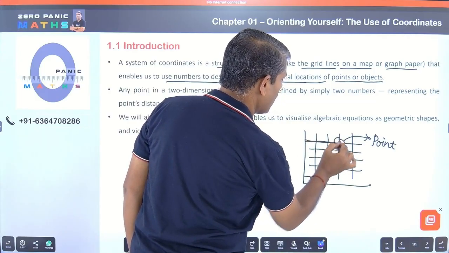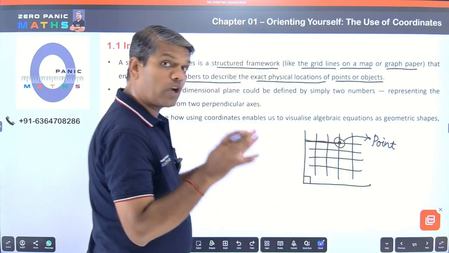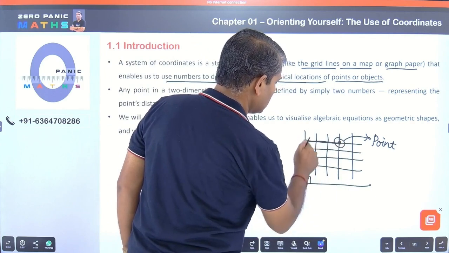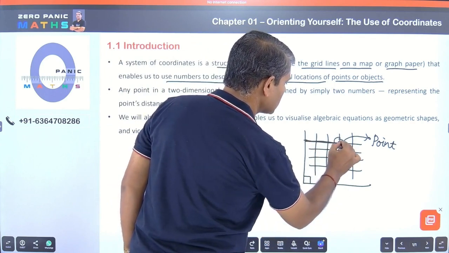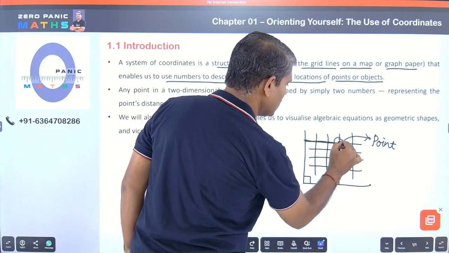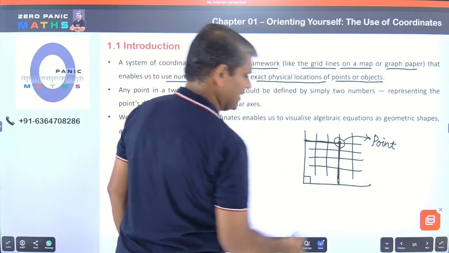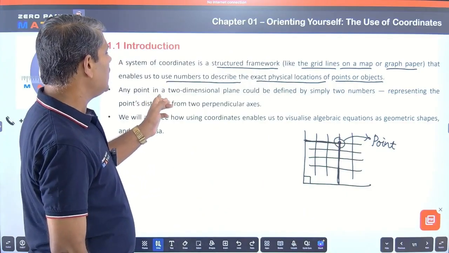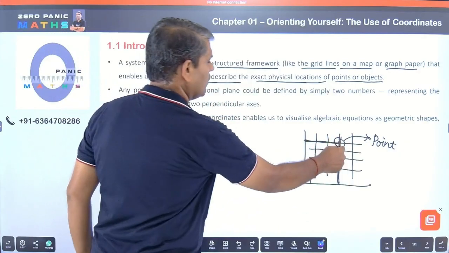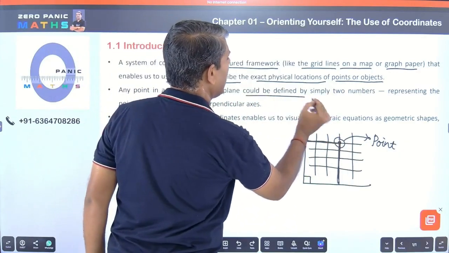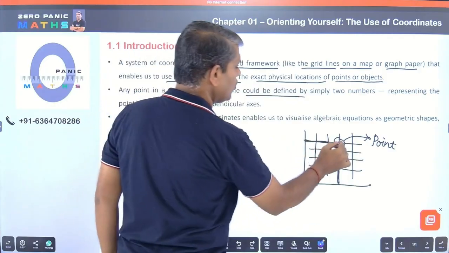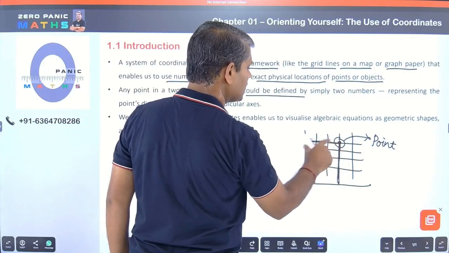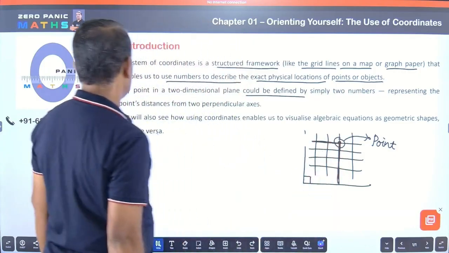Assume that this is the point and we want to locate it, then this is the perpendicular distance from the y-axis, and this is also a perpendicular distance from the x-axis. So that's why the second point says any point in a two-dimensional plane could be defined by simply two numbers: the vertical distance and the horizontal distance.